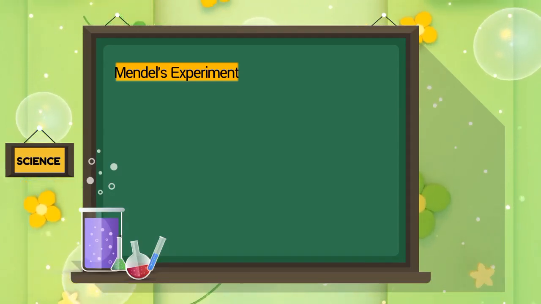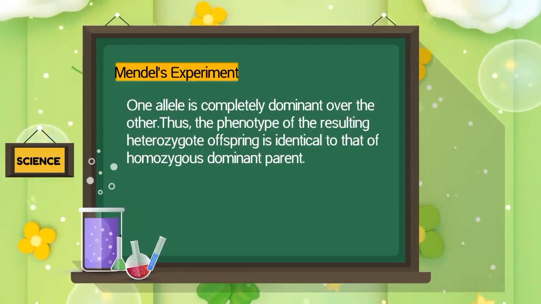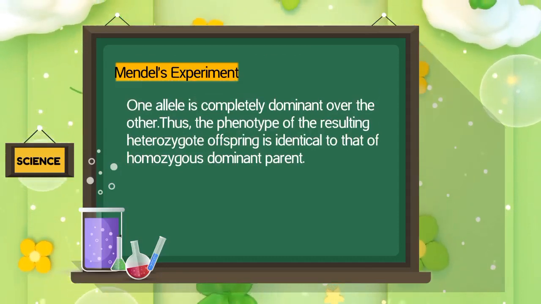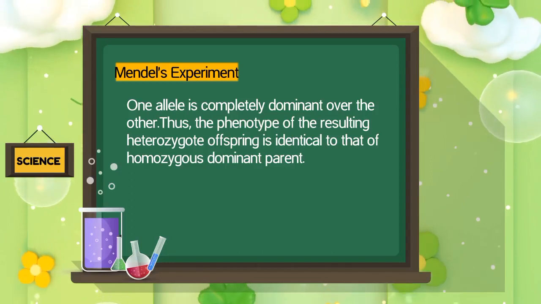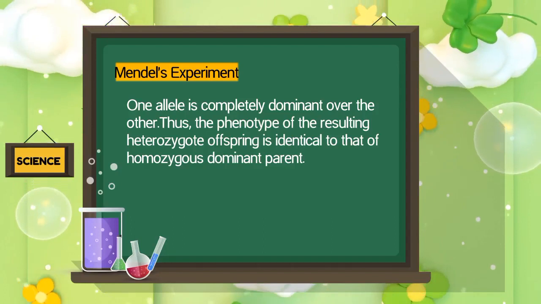So in Mendel's experiment, one allele is completely dominant over the other. Thus, the phenotype of the resulting heterozygote offspring is identical to that of homozygous dominant parent.